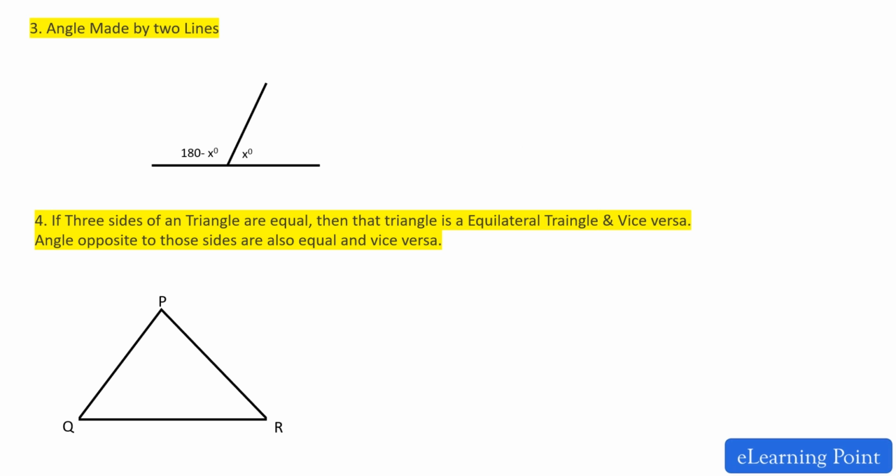Here we have the triangle PQR as an equilateral triangle. x degrees is the angle between all the lines and the sides are also equal, A. So side PQ equals side PR equals side QR, as well as angle PQR equals angle QPR equals angle PRQ equals 60 degrees. For 60 degrees, we have already seen the first test: the sum of all angles of a triangle is 180 degrees. So 180 degrees divided by 3 means it is 60 degrees.